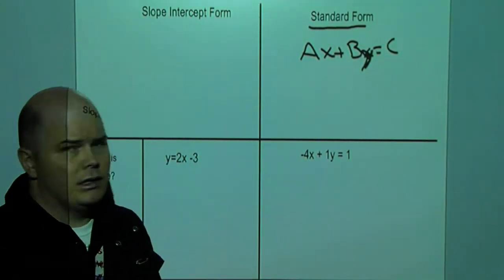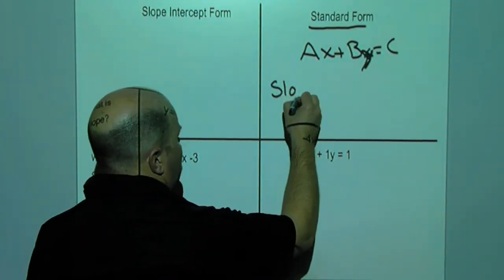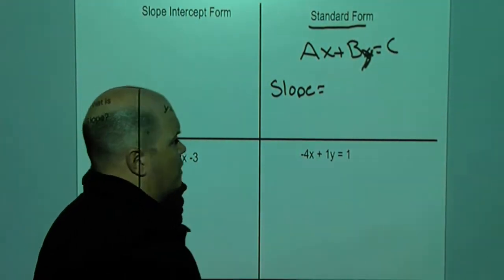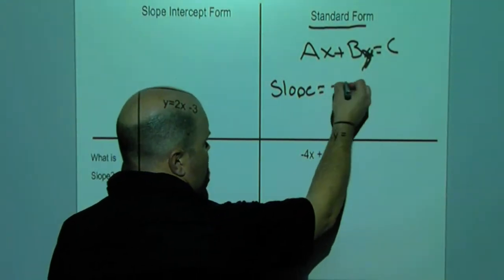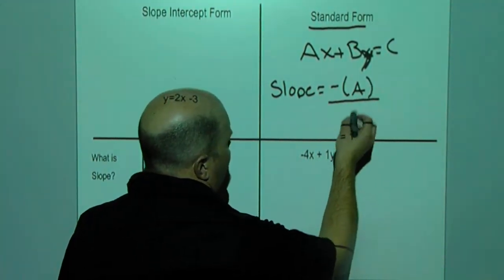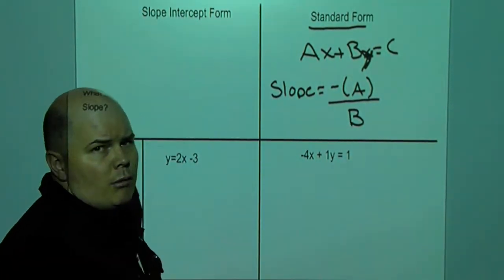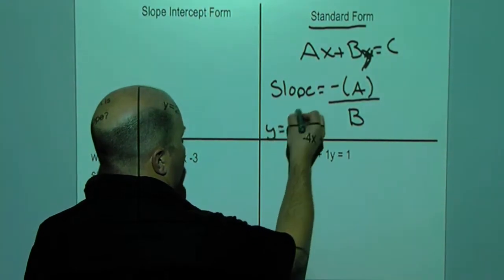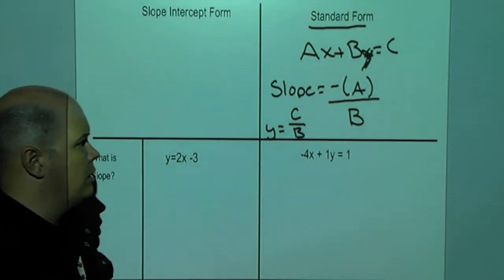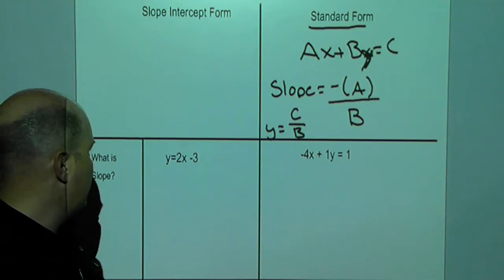When we remember that, our slope was the opposite of whatever's touching x, so we use the negative sign to show we're taking the opposite of a, all divided by my y value, or whatever was touching the y. And my y-intercept was just whatever value of c is over whatever value of y was. So that was my hack on how to get the slope and the y-intercept out of standard form.